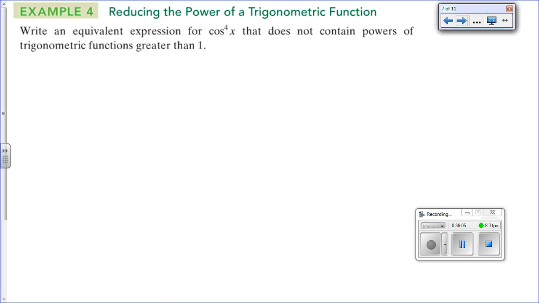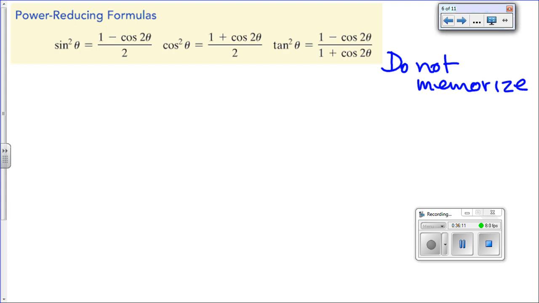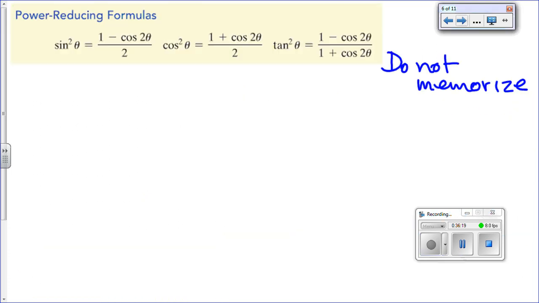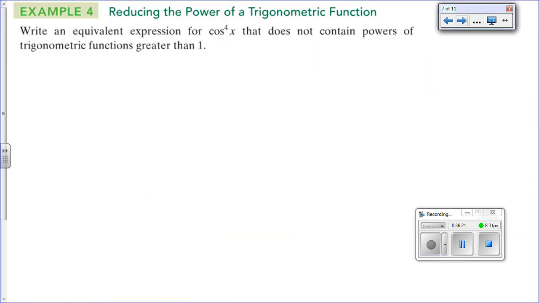So, reducing the power of a trigonometric function. Earlier, Karina was surprised that we had something like cosine to the 3rd power. In fact, you can have any trigonometric function to any power. And right here, we're going to reduce cosine to the 4th power.